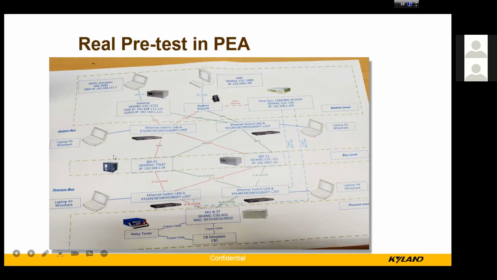And also there is a red box here. Since the HNI does not support the PRP protocol, we add a red box here to duplicate the packets to PRP-A and PRP-B.